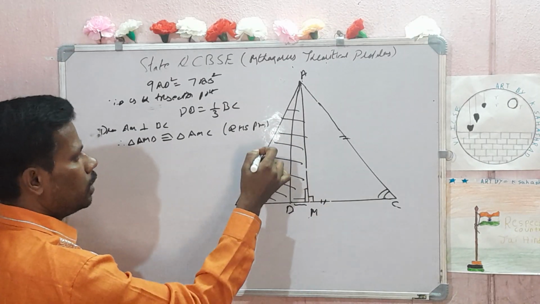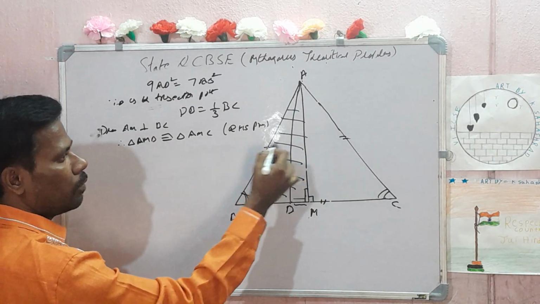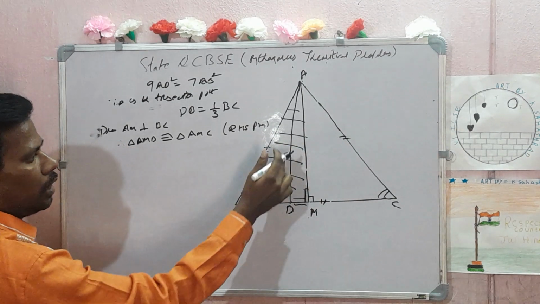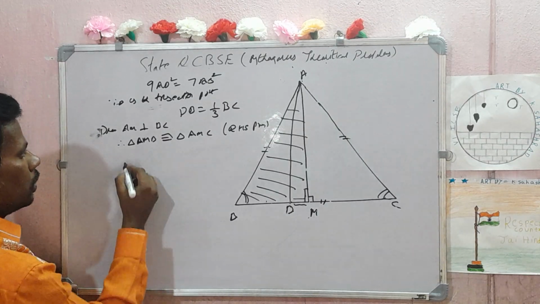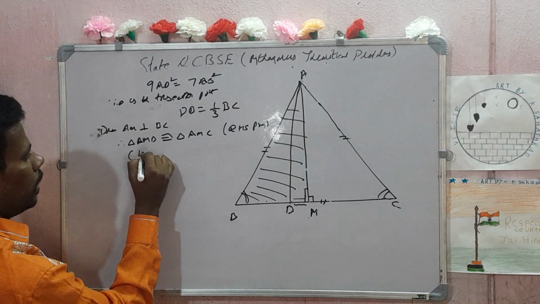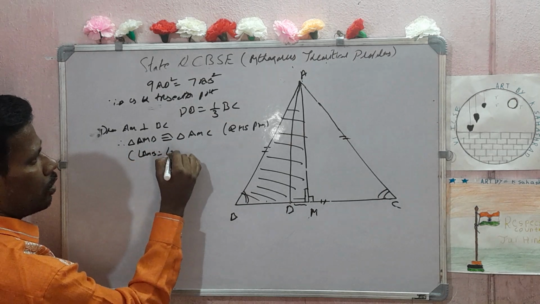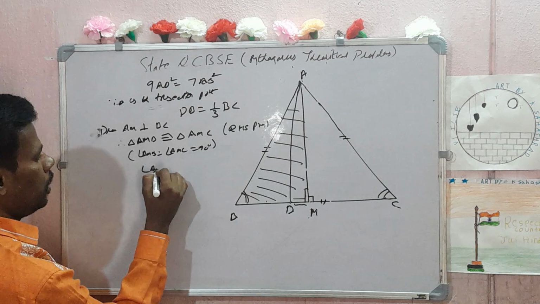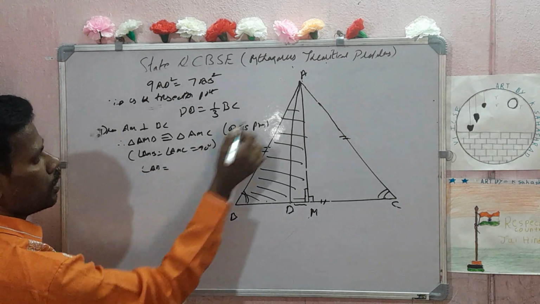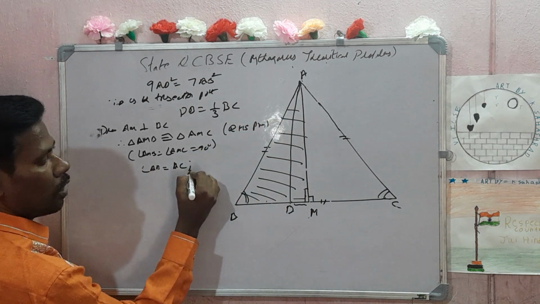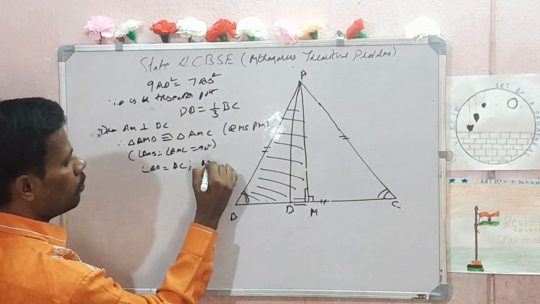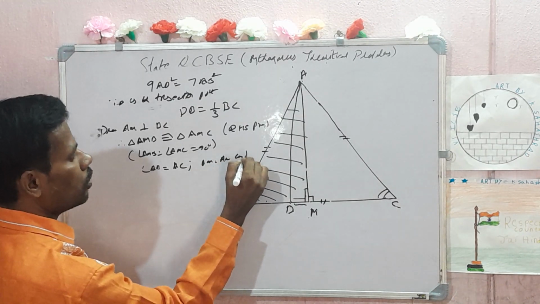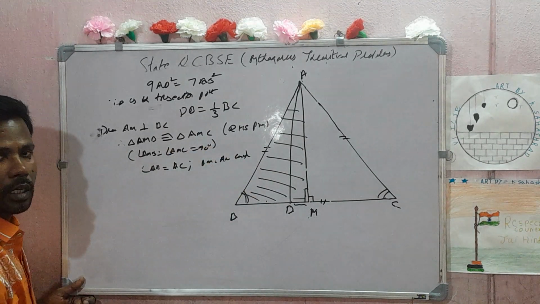Because both are 90 degrees, the hypotenuses are equal in the equilateral triangle, and AM is common. Angle AMB is equal to angle AMC, both are 90, AB is equal to AC, and AM is equal to AM common.